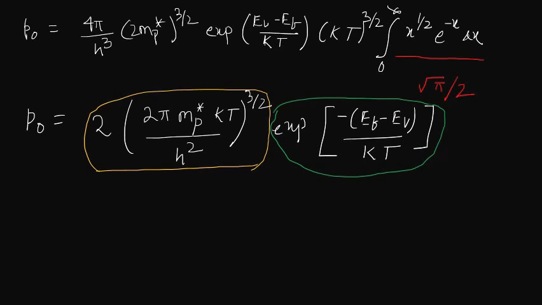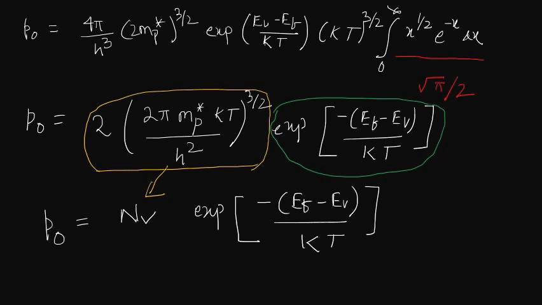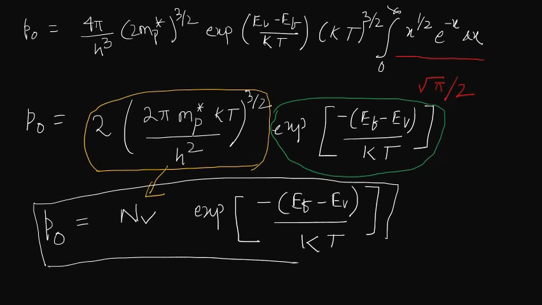So here we can write this whole thing as NV, and the remaining is exponential of minus of EF minus EV divided by KT, the distribution function. So we got the equilibrium hole distribution in the valence band in thermal equilibrium condition. This is the expression for P naught.